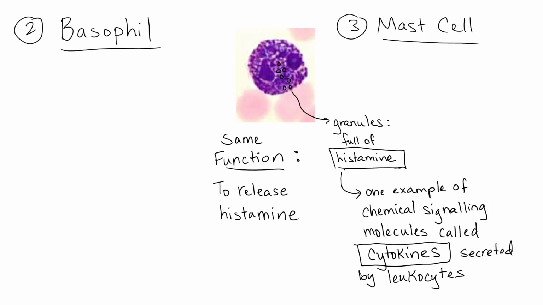Because what happens if you do have an allergy response to cats or dogs or certain types of foods? Well, you get inflammation, watery eyes, a runny nose. Those are all symptoms of a process called inflammation. So let's write here that histamine is released by basophils, and this triggers inflammation.